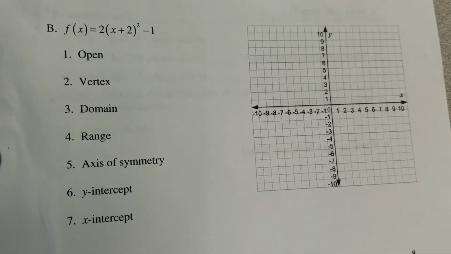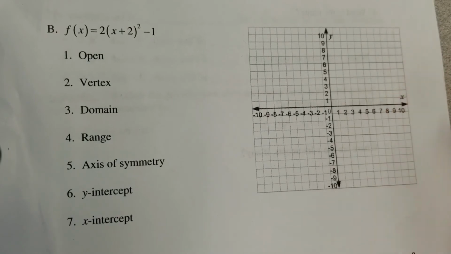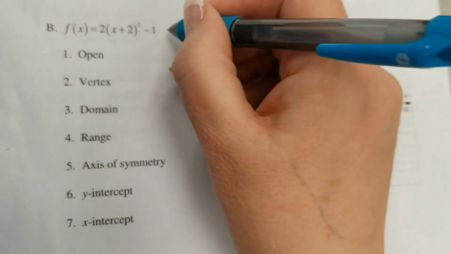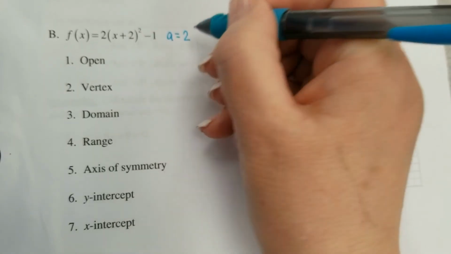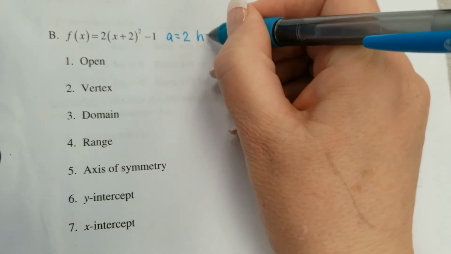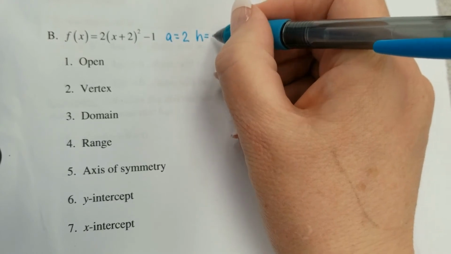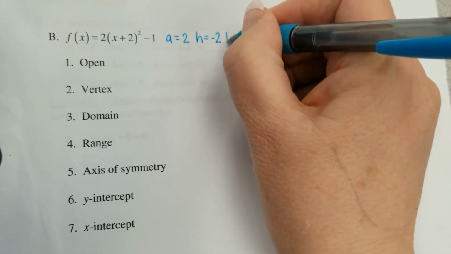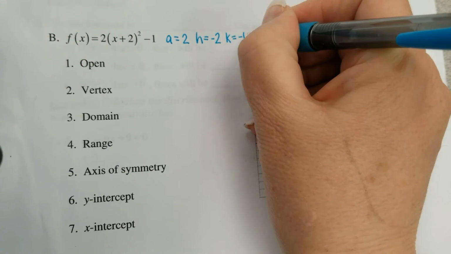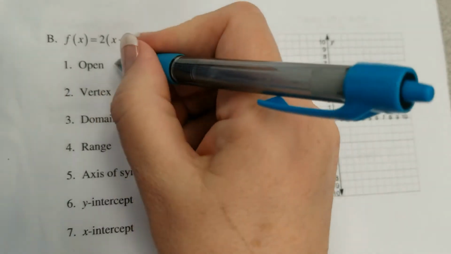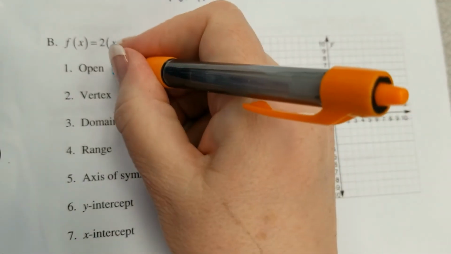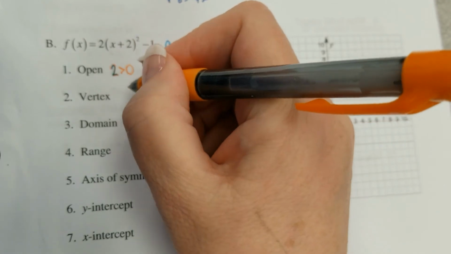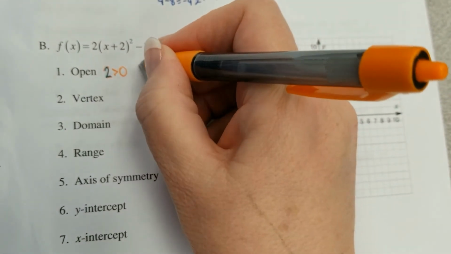Let's take a look at example B. Example B is written in vertex form. So let's identify the parts of this equation. A is equal to 2. H is equal to negative 2. And K is equal to negative 1. Now since 2 is greater than 0, therefore it is going to open up.